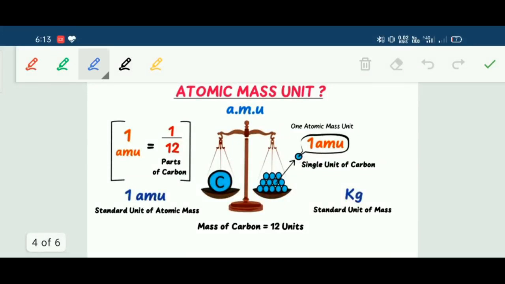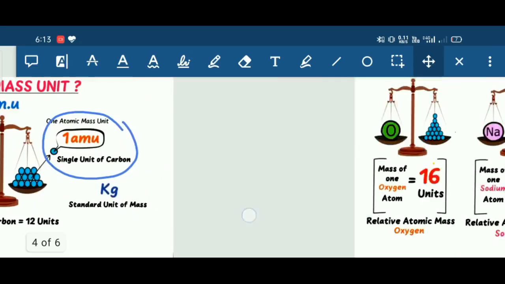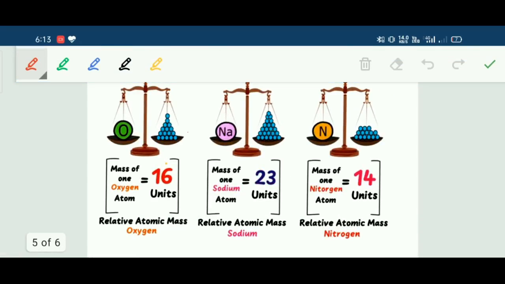Now students, by taking this single part, that is 1/12th of the total mass of the carbon atom, as a standard unit, we can calculate atomic masses of atoms of other elements. For example, in case of oxygen, the mass of one atom of oxygen was equivalent to 16 such units, which means the total mass of one oxygen atom will be equal to 16 atomic mass units, since one such unit is equal to one atomic mass unit.